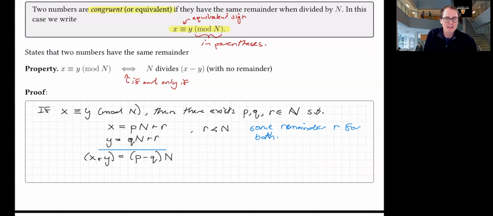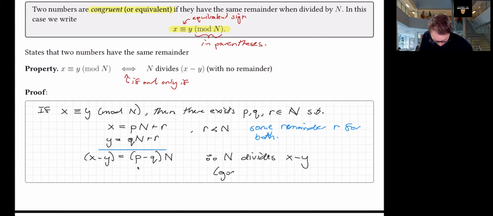And so n divides x minus y. N goes into x minus y exactly p minus q times. Right, and so that proves the result. We see that these two statements are equivalent. X equivalent to y mod n is equivalent to x minus y equals some integer number of n's.